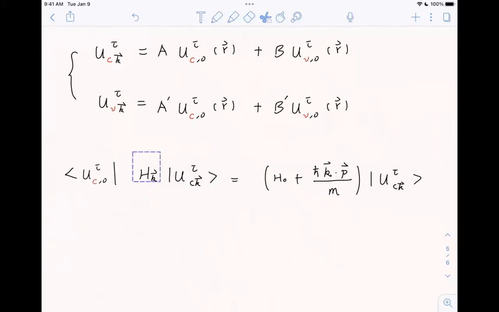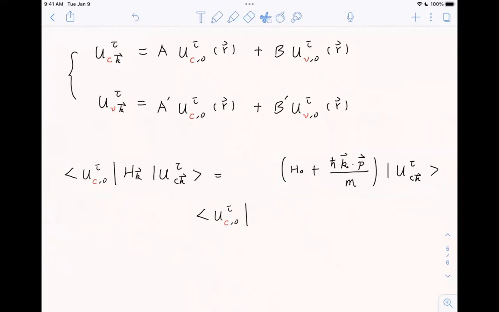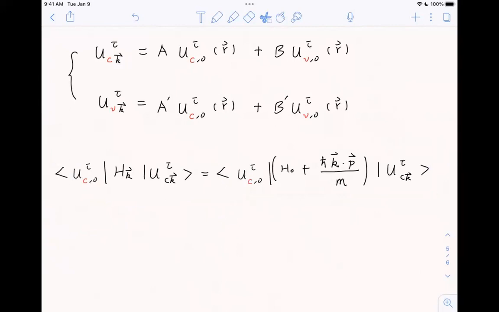Okay. So copy. Okay, so let's deal with this part first.